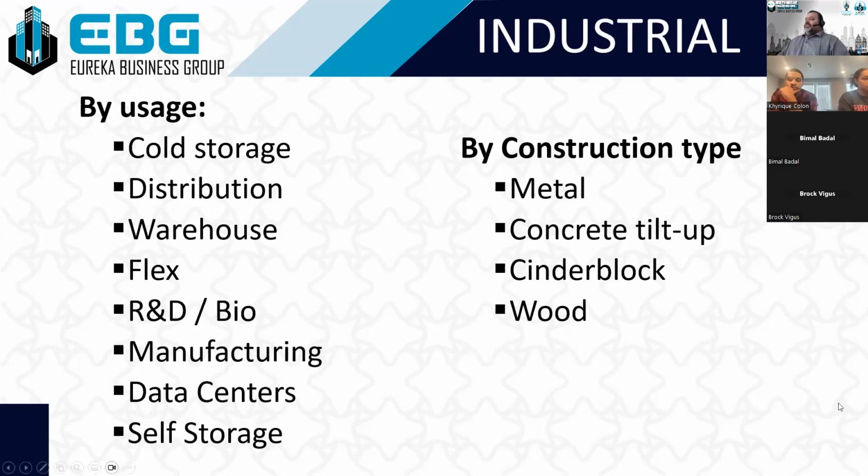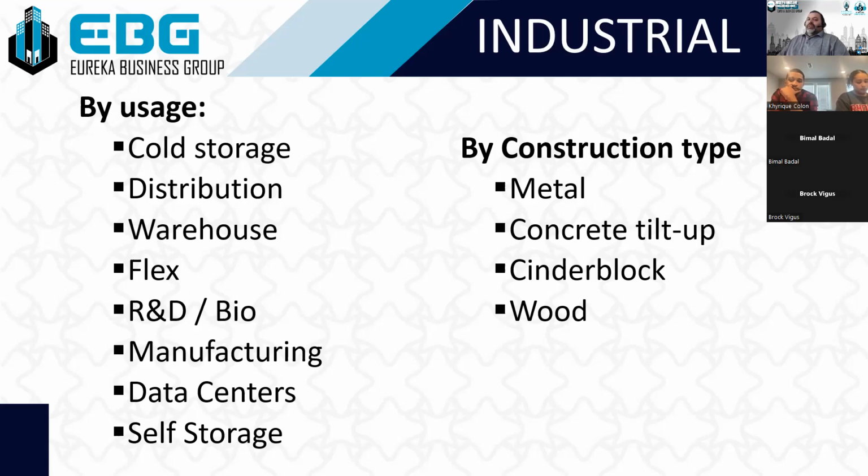Concrete tilt up. Cinder blocks, you'll see those a lot in the older buildings, buildings from the 50s. You'll find those in the old downtowns. If you look at old downtowns like downtown Plano, downtown Frisco, downtown, I don't know, Greenville, you'll see a lot of cinder block buildings. And then, of course, there's wood construction, and that's everywhere.